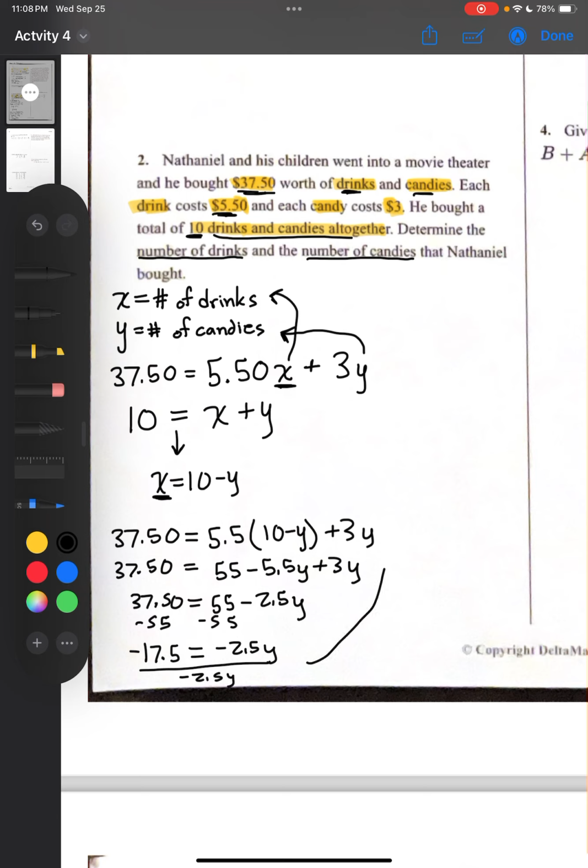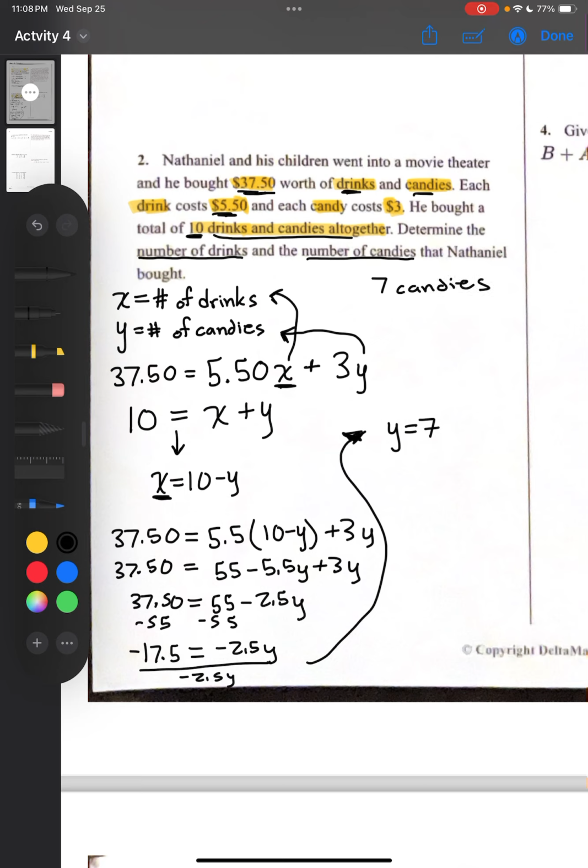I'm going to bring this up here so you can see it. That should be getting you y equals 7. So right now we only know that there were 7 candies.